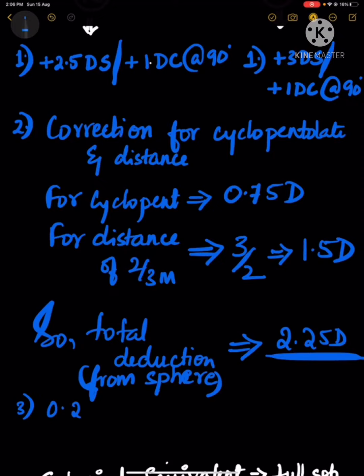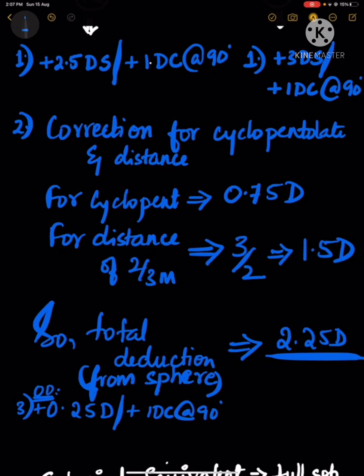So now let's apply this to the sphere, so we have the final answer. It's going to be 0.25 plus, yeah, please don't forget the signs. They're very important. The cylinder is going to remain the same. It's not going to change at all. This is right eye, OD. OD is oculus dexter.